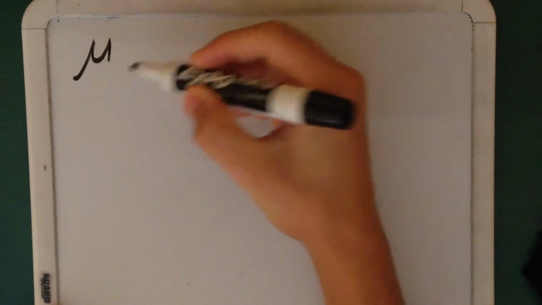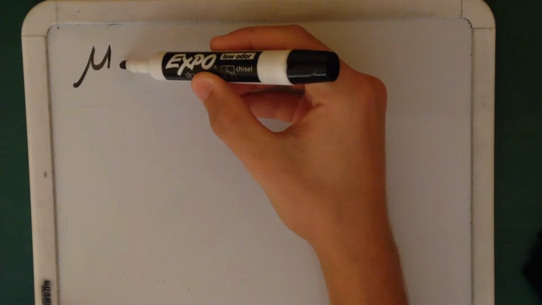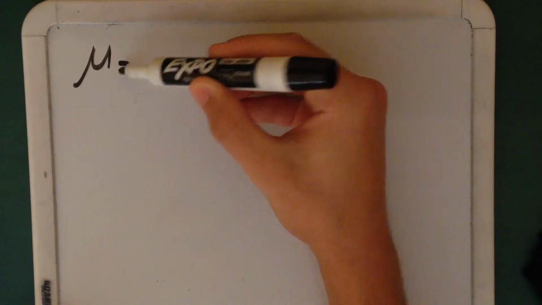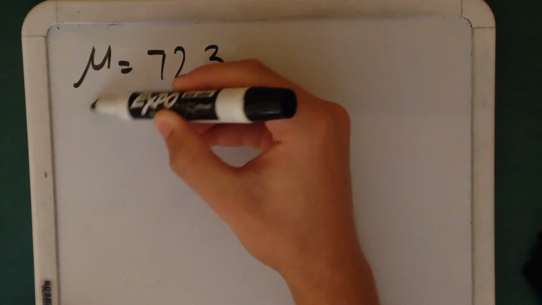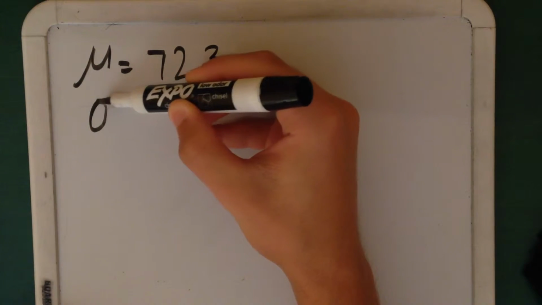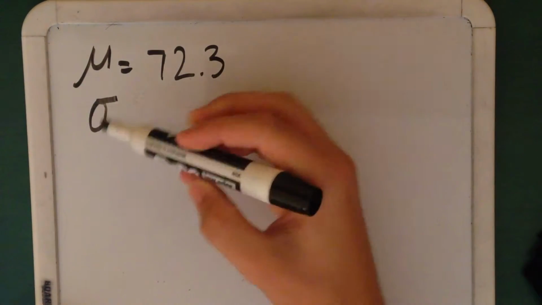Okay, so first of all, let's draw everything. Let's just write down all the information that we gathered. So we have a mean, and this symbol is mu, which means mean. So the mean is 72.3, and this is the symbol of standard deviation.